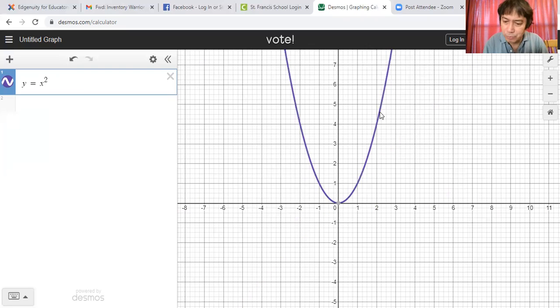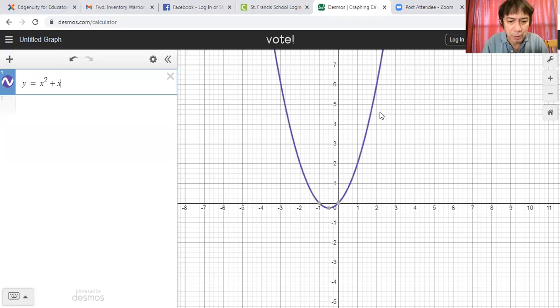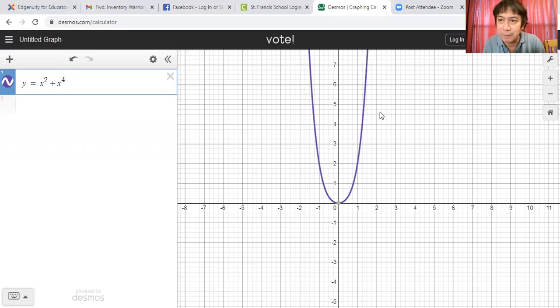All right, here's another: x raised to 2 plus x raised to 4. You can see the exponents of the x variable are 2, that's even, and 4, that's even.